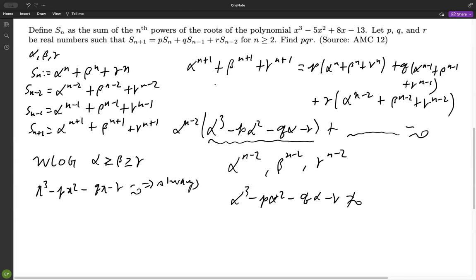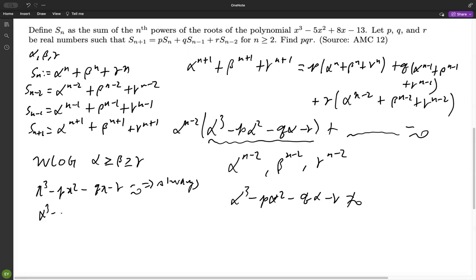I hope so. So please message me or ask me if you need any clarification or have any question based on this explanation. So we want this to be always equal to 0. And for the sake of clarity, let's just use alpha here because it will be the same for beta and gamma.